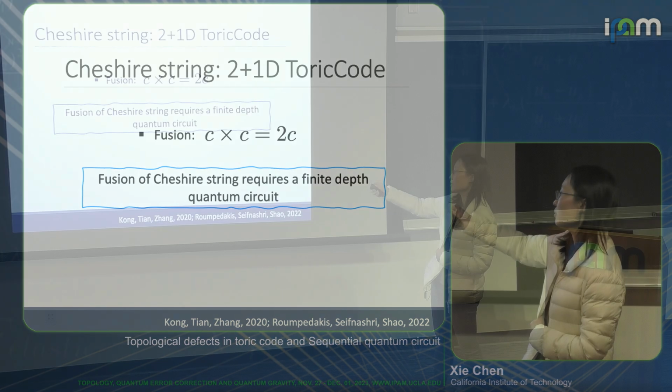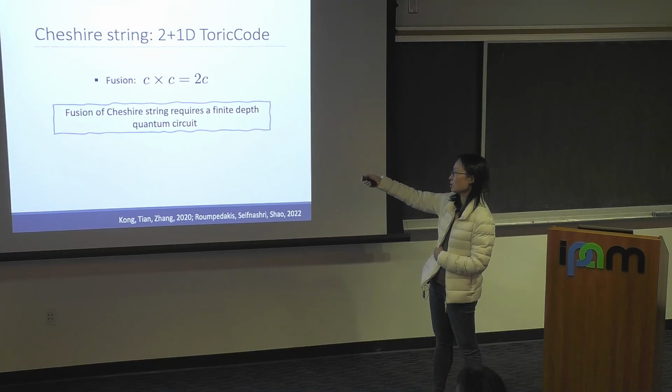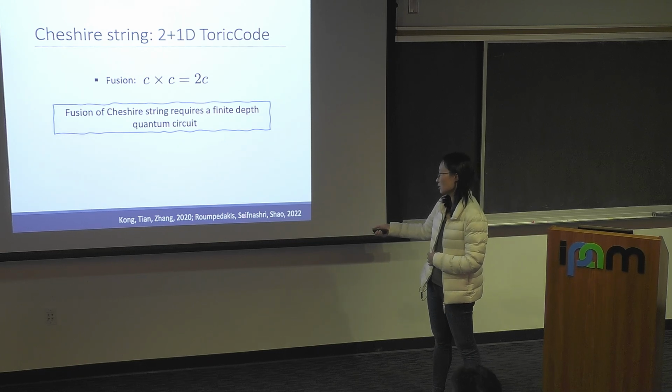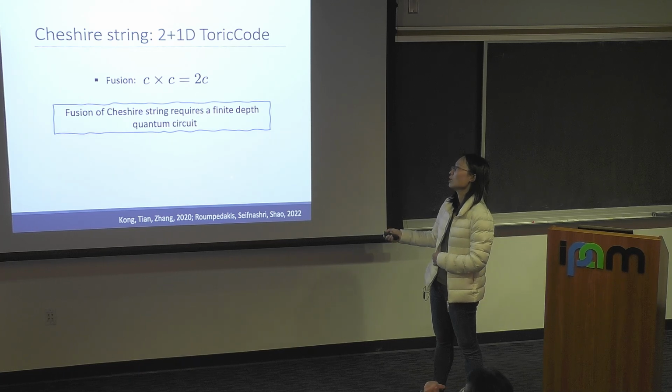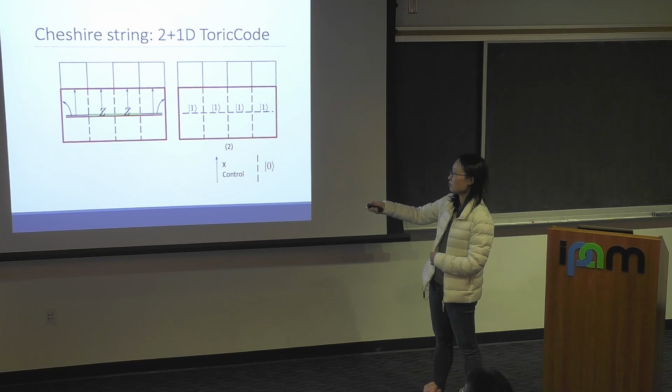Actually, a better way of writing this is to say that the coefficient is not just a number. The coefficient is a 1+1D Z2 gauge theory. This fusion rule is of course already discussed in these papers. Okay, so through a lattice model and with an explicit finite depth circuit, we see how this fusion rule is realized.